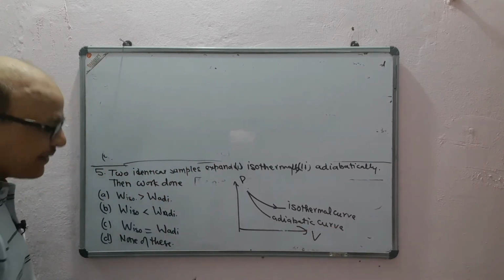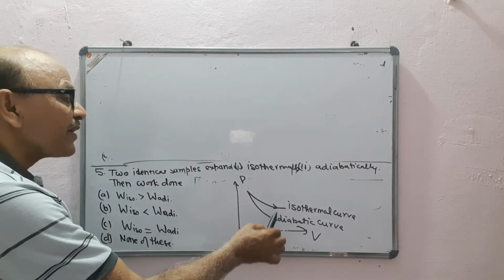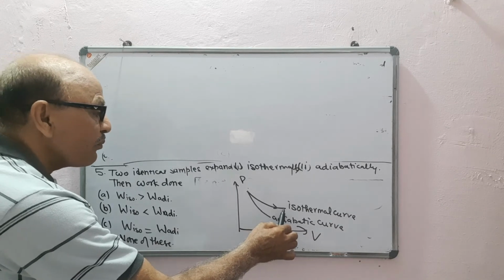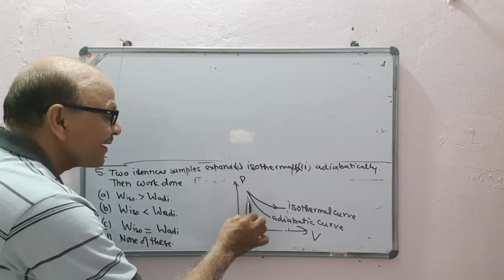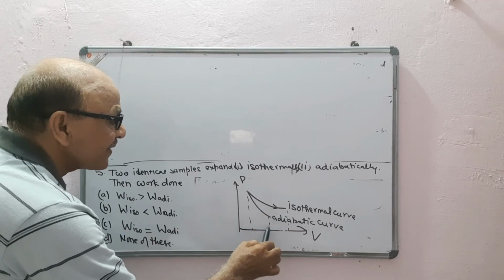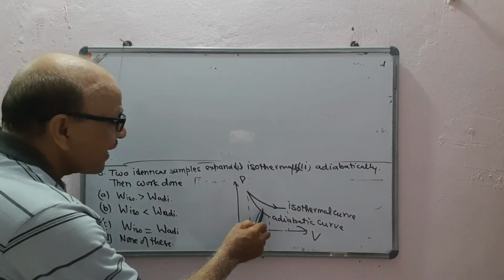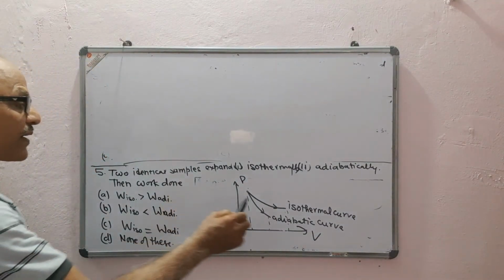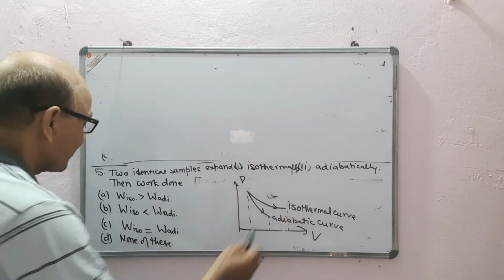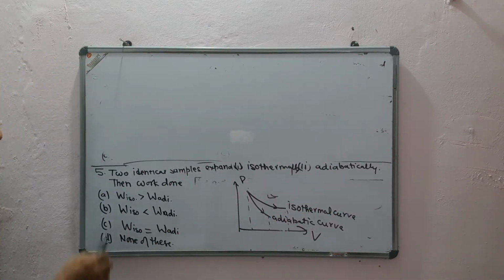So the isothermal curve will cover more area with the volume axis than that covered by the adiabatic curve. Therefore, work done in the isothermal process will be more than that in the adiabatic case. That is, the correct answer will be A.